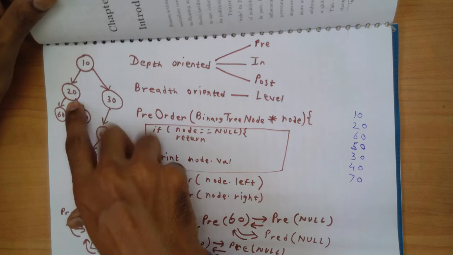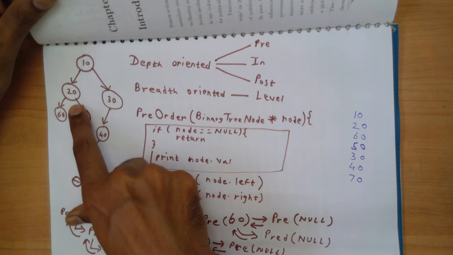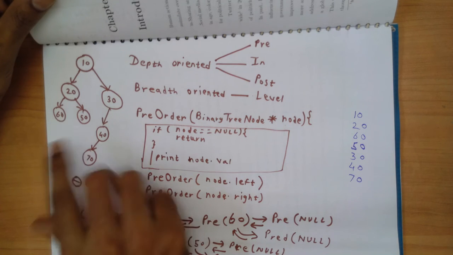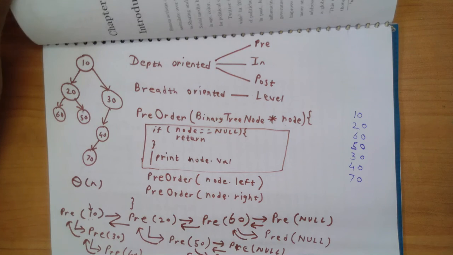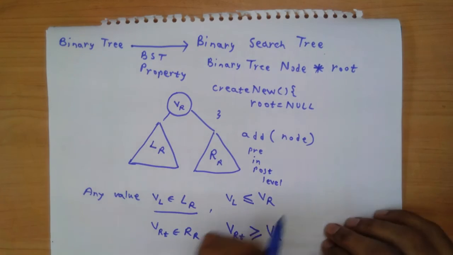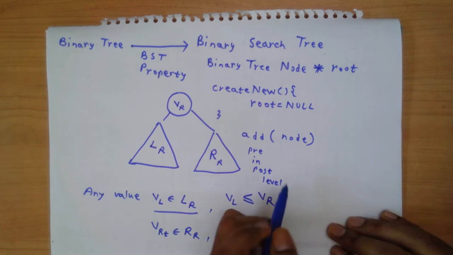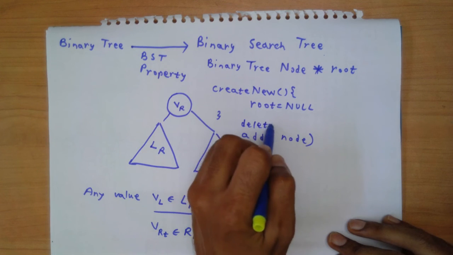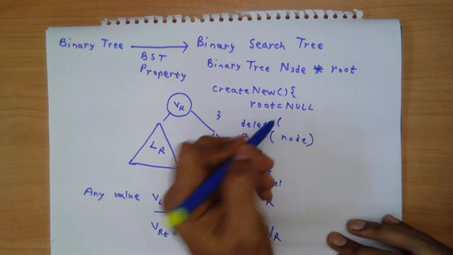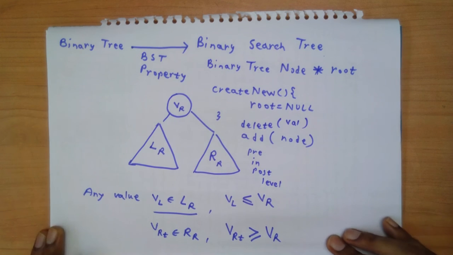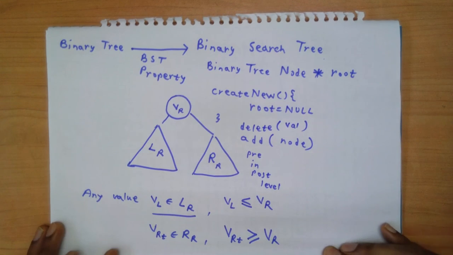But if I want to delete a node with two children, in a binary tree it's not clear what should happen, so the user needs to specify what to do. We never defined deletion for a binary tree. So now let's define deletion as well. Along with add, we would have the delete operation, where I give you a particular value to search in my tree, and you delete the node corresponding to that value.